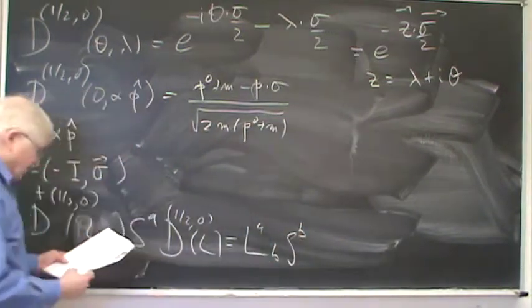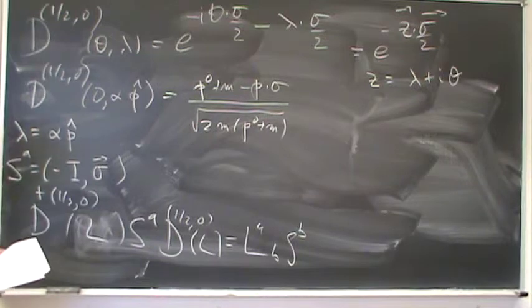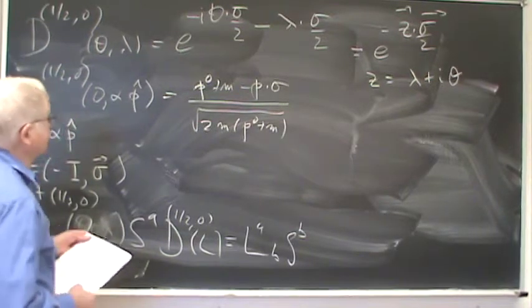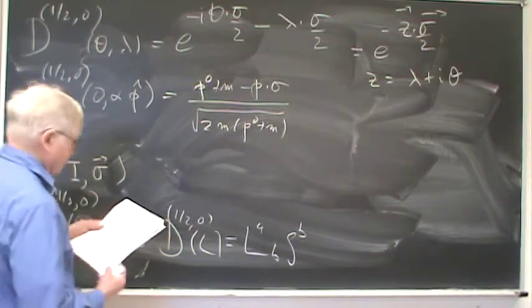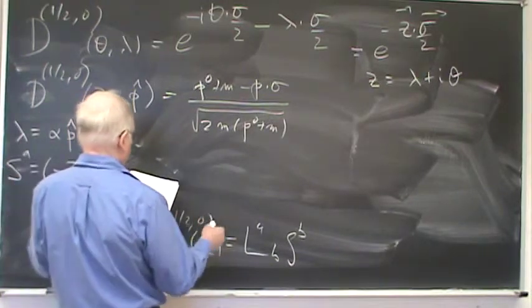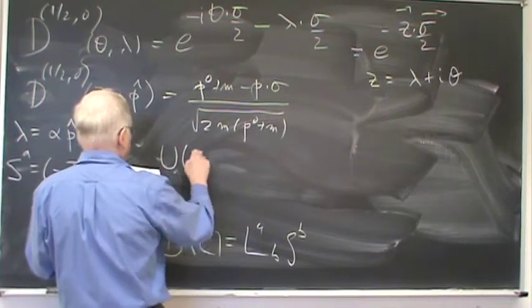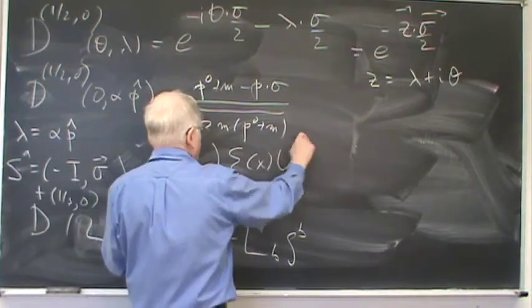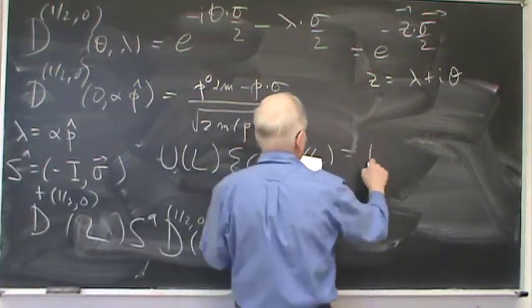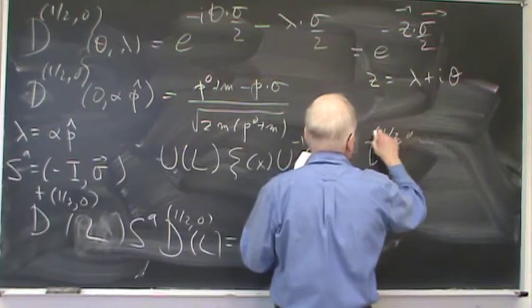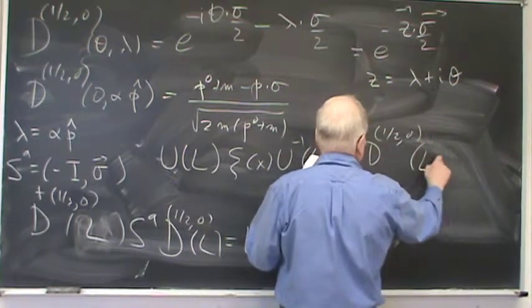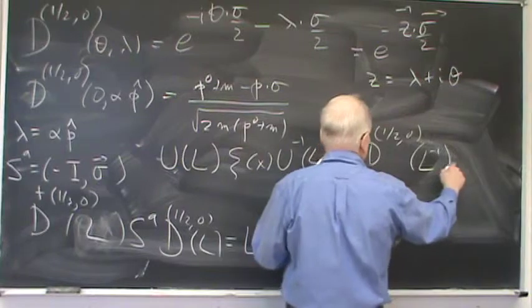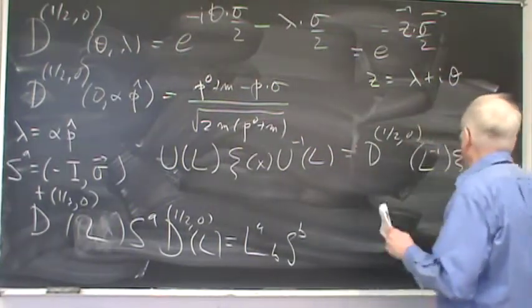So this thing transforms as a 4-vector, and the result of that is, well, first of all, how does a massless spin 1/2 field transform? A left-handed spinor goes this way: U(L) psi(x) U inverse of L is then D 1/2 0 on L inverse psi of Lx.